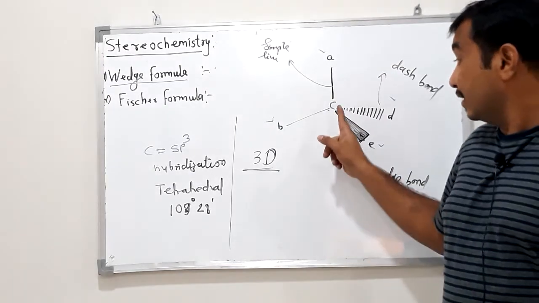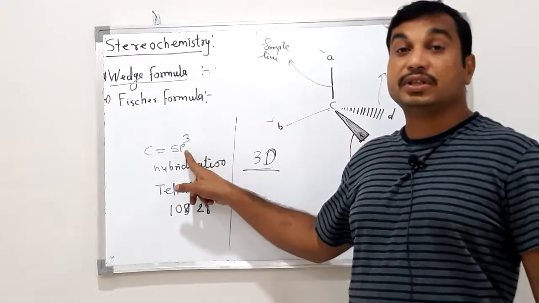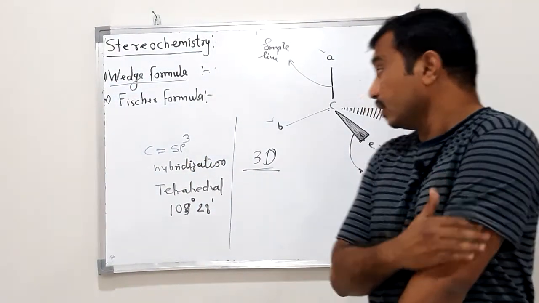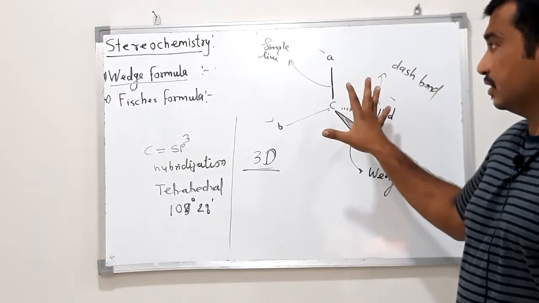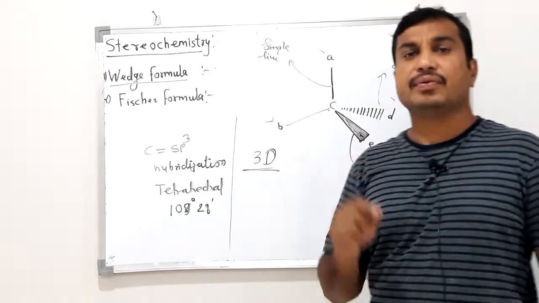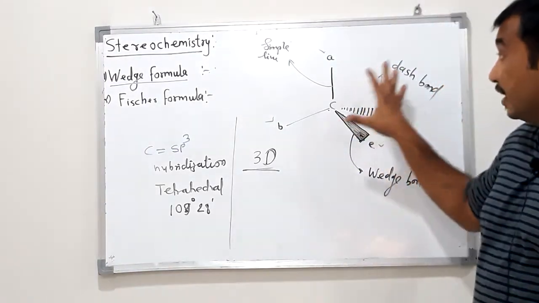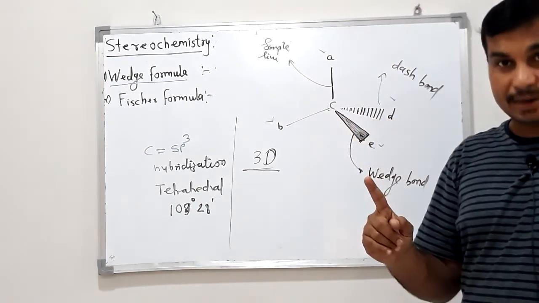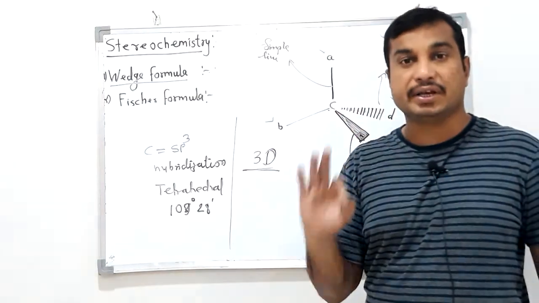Okay, and this carbon is in the sp3 hybridized state. That is the meaning. Now, this is a three-dimensional structure, and many times it is very difficult to draw such a three-dimensional structure. This compound contains only a single carbon atom, therefore it is very easy to draw.